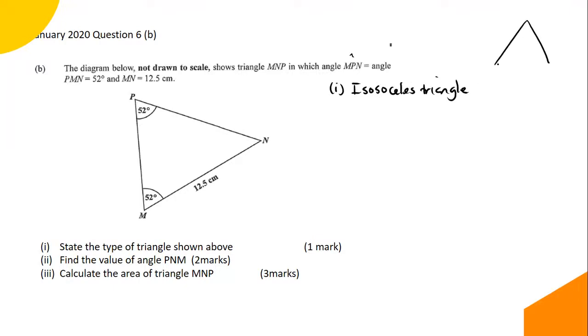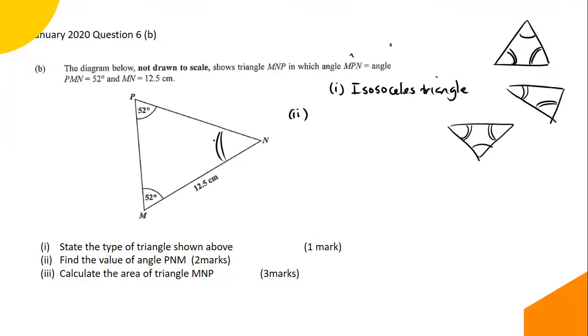If you draw an isosceles triangle, these two angles here are equal. No matter however you draw the triangle, once these two angles are equal, it's an isosceles triangle.